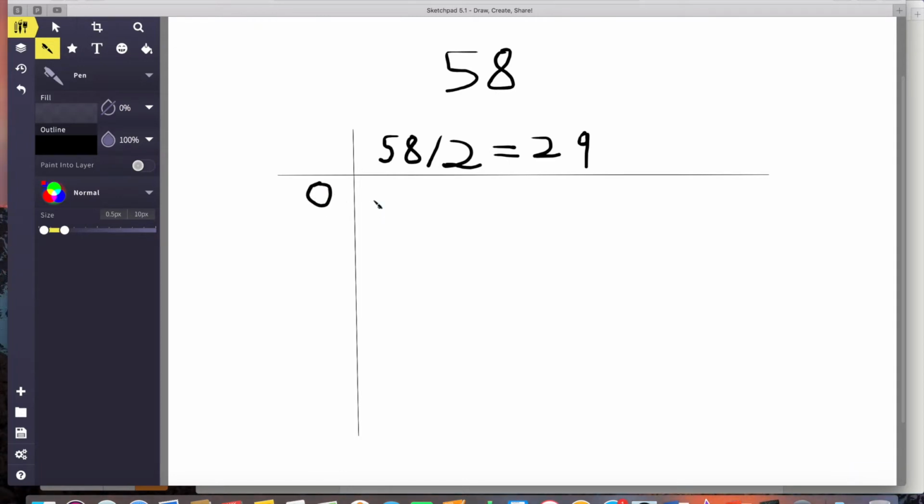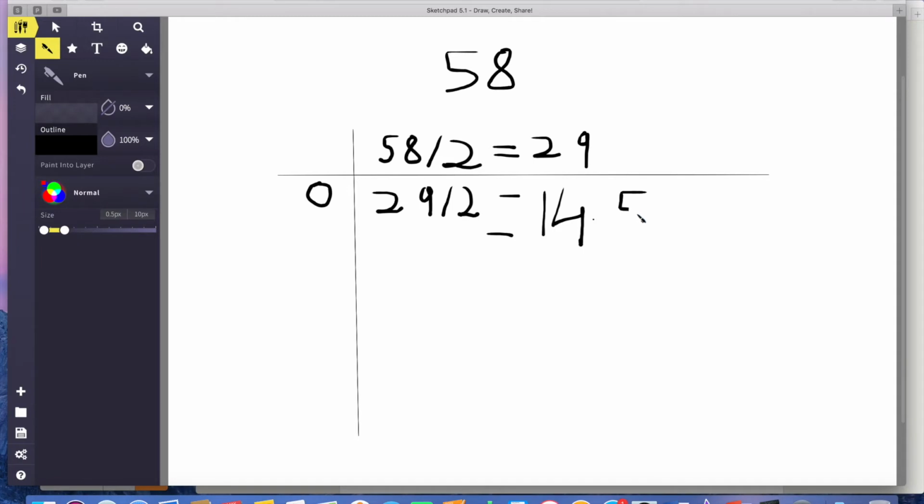Now I'll explain the logic. 29 divided by 2 equals 14.5.